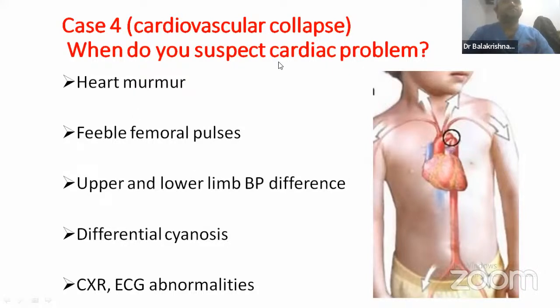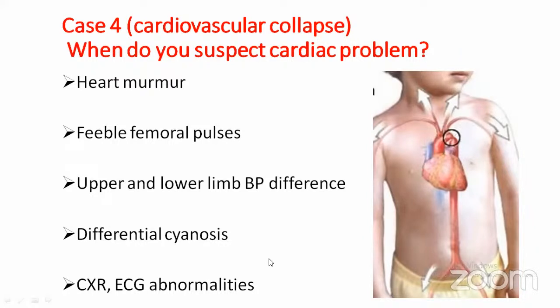So when do you suspect a cardiac problem? If you have a heart murmur, feeble femoral pulses, upper limb and lower limb BP difference, or differential cyanosis. So what could be your DD now? Now you are suspecting it could be cardiac. The lower limb pulses are feeble, the upper limb pulses are okay.